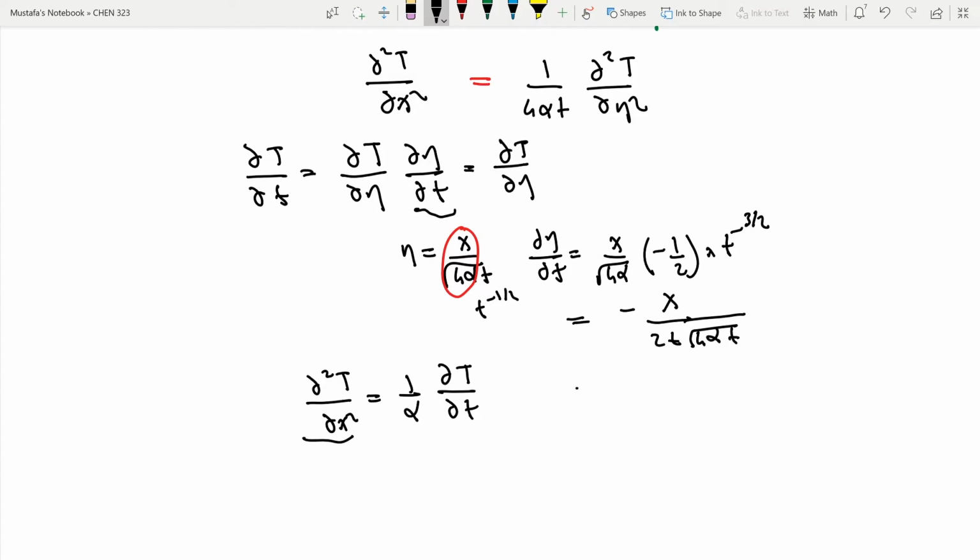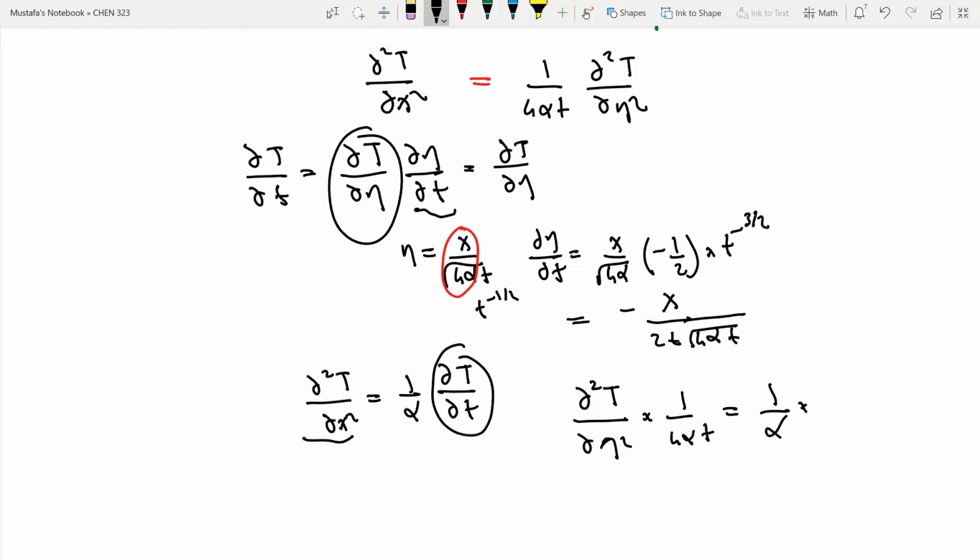So I have d squared T by d eta squared multiplied by 1 over 4 alpha t is equal to 1 over alpha, and dT by d time is basically dT by d eta multiplied by minus x over 2t times the square root of 4 alpha t. Okay, so everything is multiplication here.